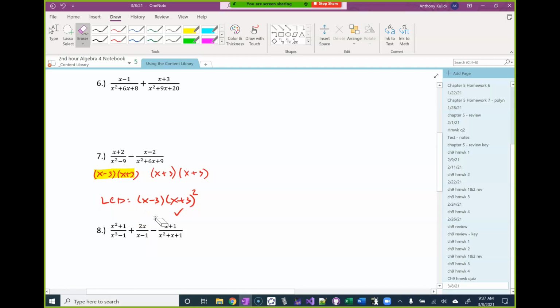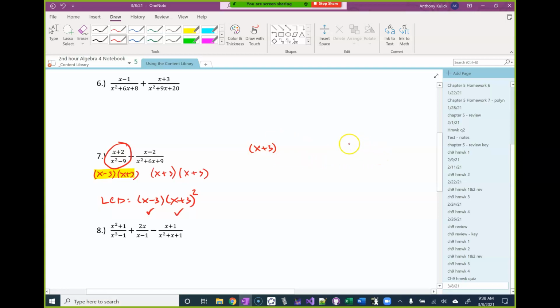So it needs a second x plus 3. So for this fraction, I'm going to be multiplying the top and bottom by x plus 3. Okay.